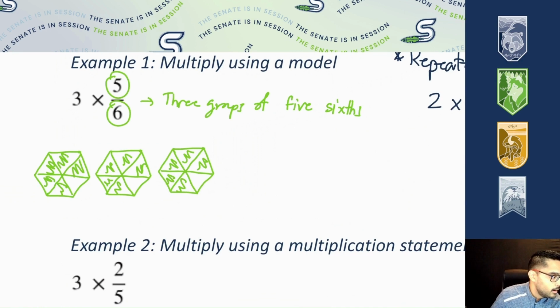If you think about how many pieces we actually have in total, we shaded 5 of those 6 from each of those hexagons, so in total I should have 15/6. That gets represented as an improper fraction.